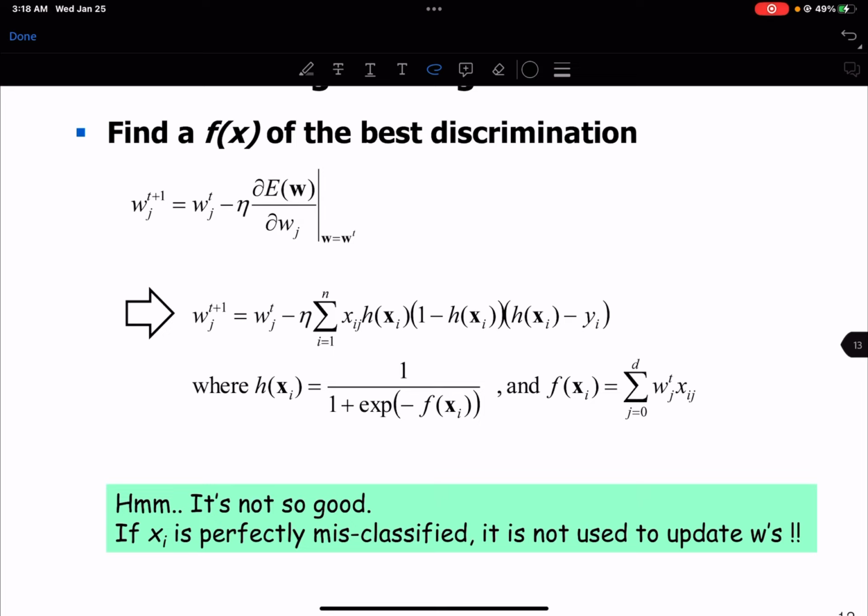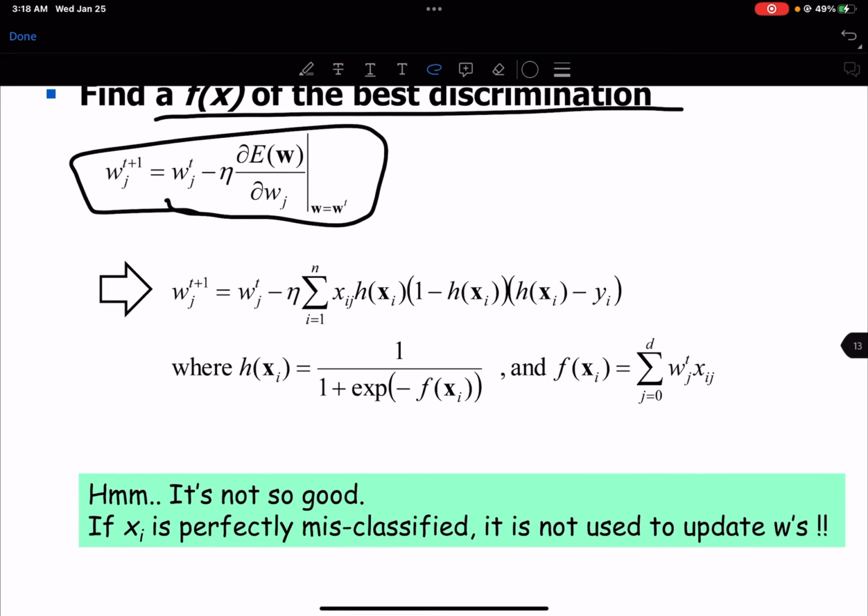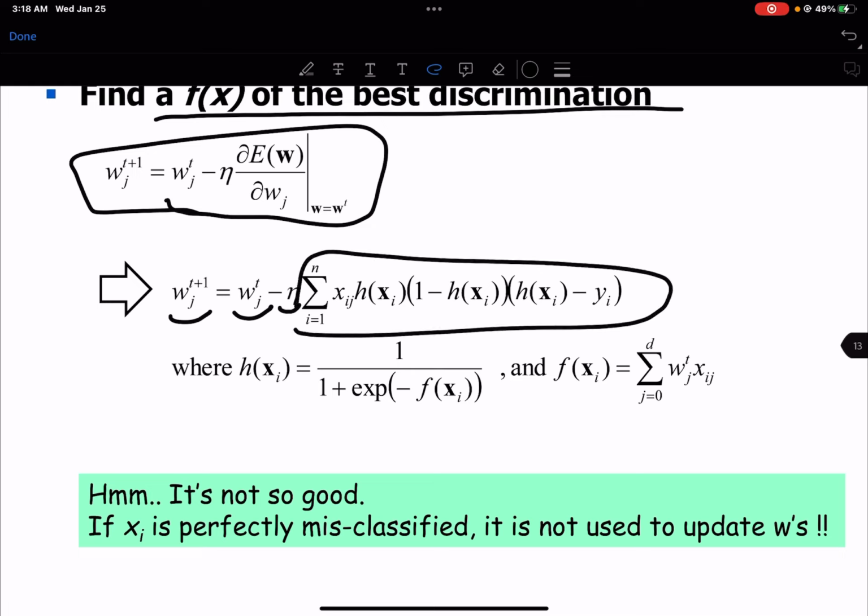So what you are trying to do is find a function f of x that best discriminates your classifier, to update your weights using the equation given over here, wj plus 1 with your learning rate eta, and this equation we have already estimated, where your h of x is defined as this f of xi, and your f of xi is defined by the summation of wj xj.